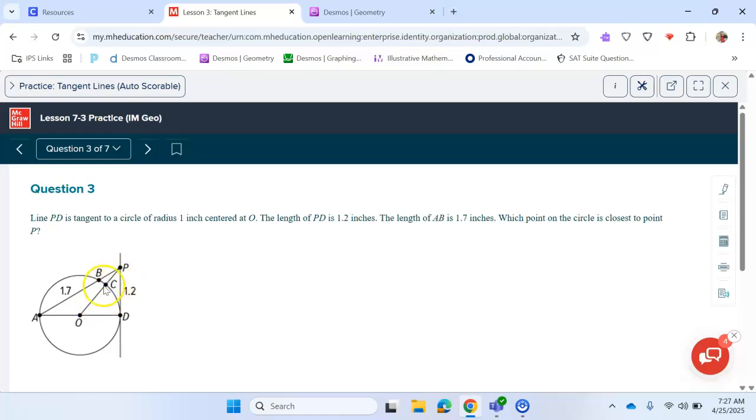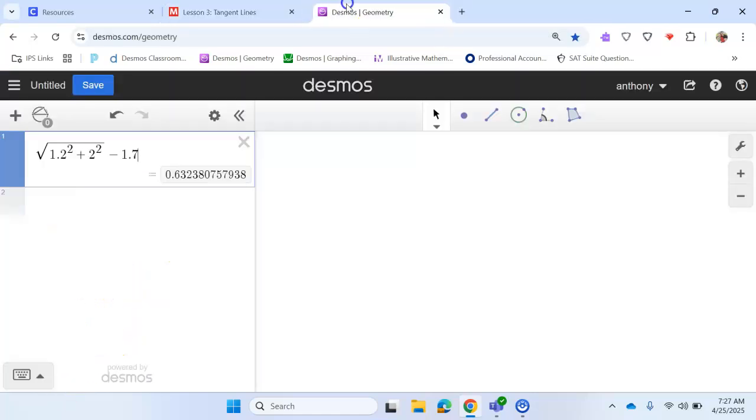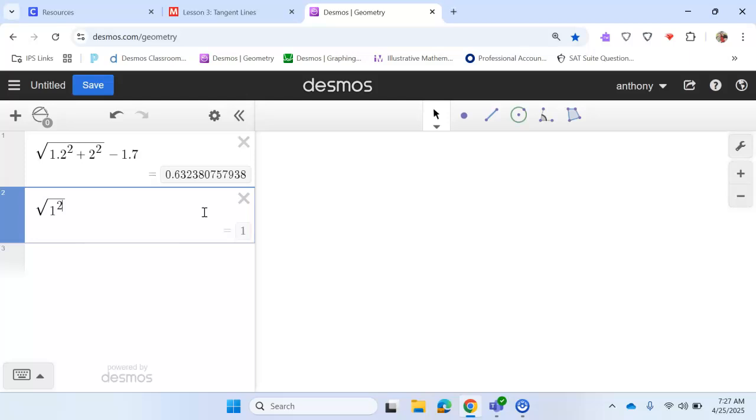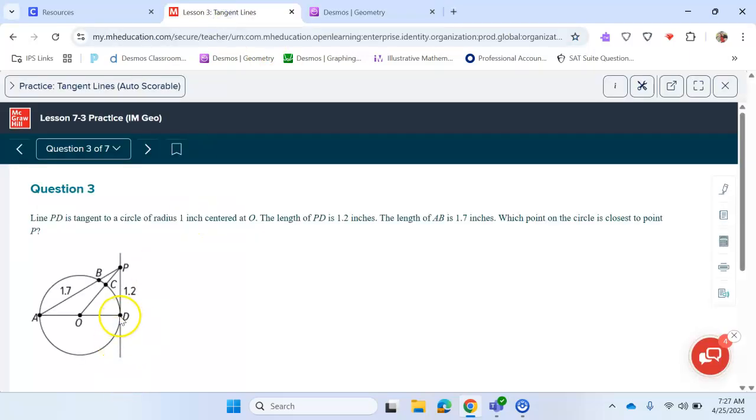To find the distance CP, we would do the same thing with the smaller triangle. Its shorter leg is 1, so we take the square root of 1 squared plus its longer leg, which is 1.2.